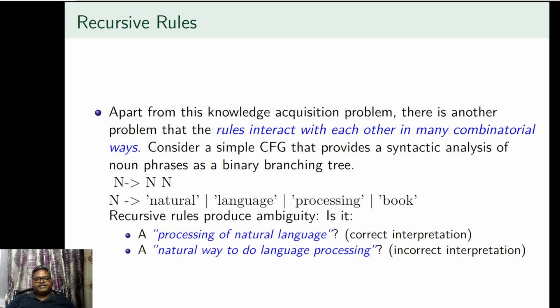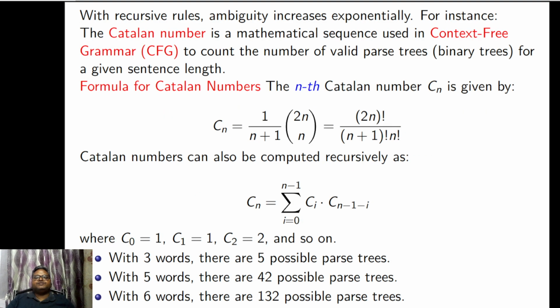Suppose you combine "natural language," then natural language is a single noun, processing of that natural language. That is the correct interpretation. But another interpretation: "language processing" is a concept, a natural way of doing language processing. Of course, that is not correct, but we are saying that because we have that knowledge. So the parser should have knowledge.